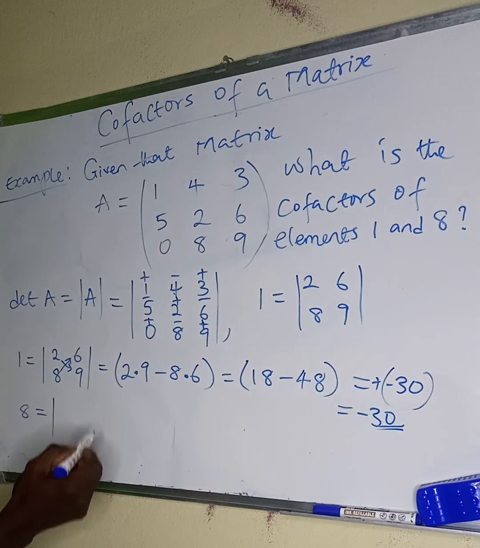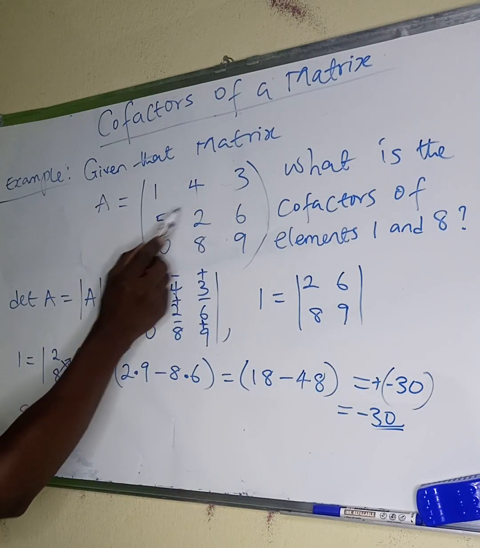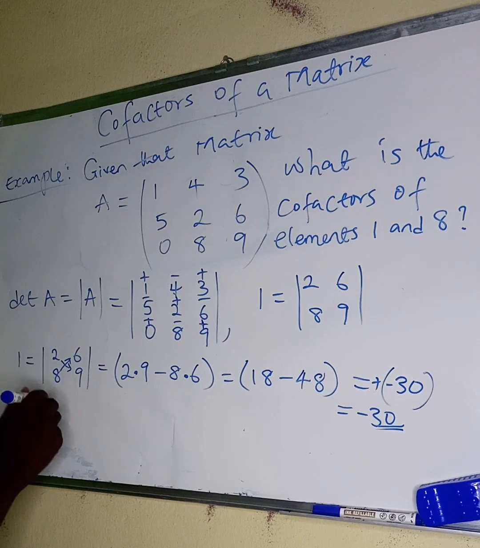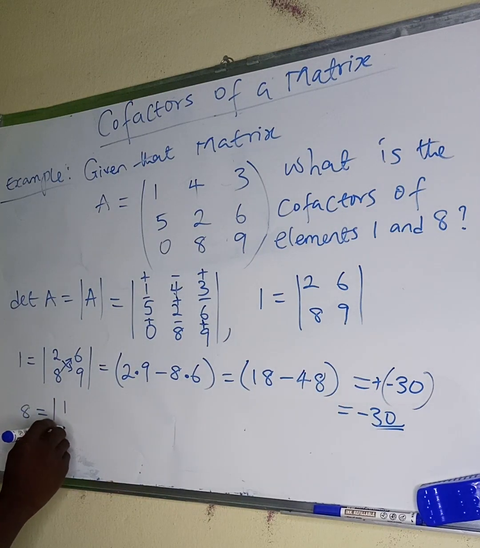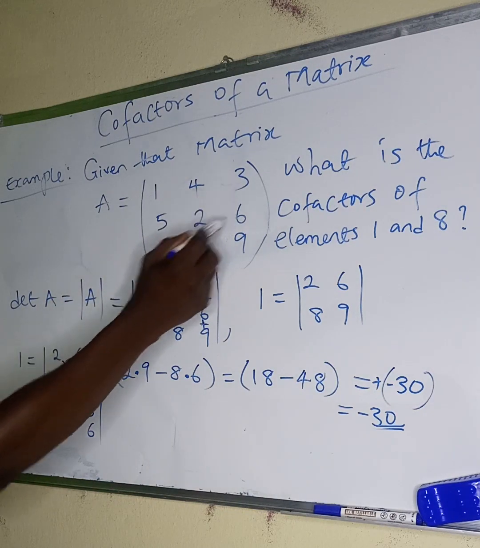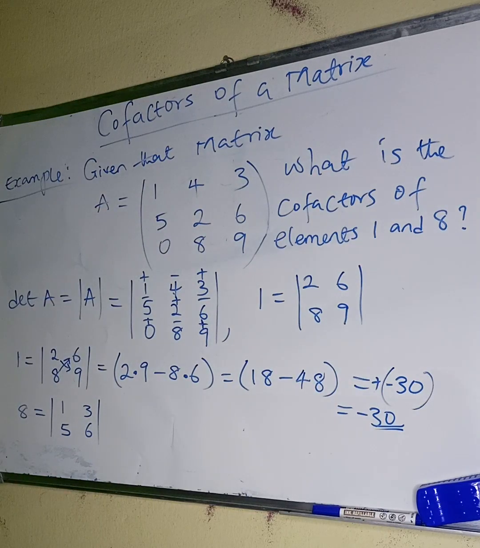Cancel everything in this same column and cancel everything in this row. We'll be having just 1, 5, 3, 6, because those are the only values that do not share either a row or a column with 8. I hope you get that 1, 5, 3, 6 do not share the same row or the same column with 8. So they are the only survivors.